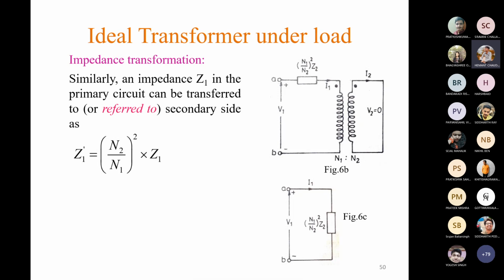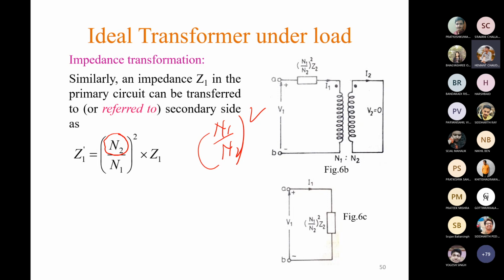So while you are going to refer or transfer any impedance from one side to other, you have to take the turns ratio in such a way that the number of turns of that side to which you are referring, that you have to keep in the denominator. While you are transferring to the primary side, the turns ratio will be N1 by N2 whole square. While you are transferring to secondary side, then N2 by N1. In this way you have to remember.